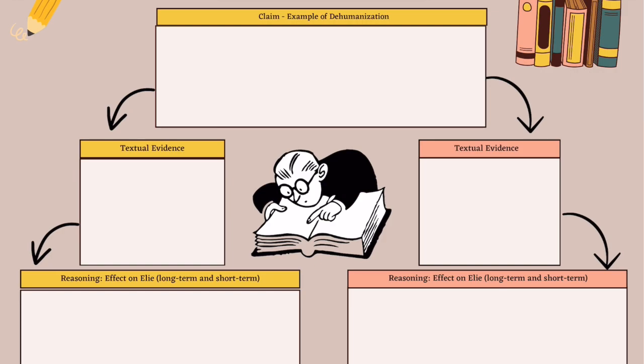We can touch on Juliek beating Eli's father when he asks to use the restroom. I mean, there's so many other things we can touch on, but I want to touch on the hanging of the Pipel for this last body paragraph. I think this was a really powerful paragraph. This was going to be lesson 8.